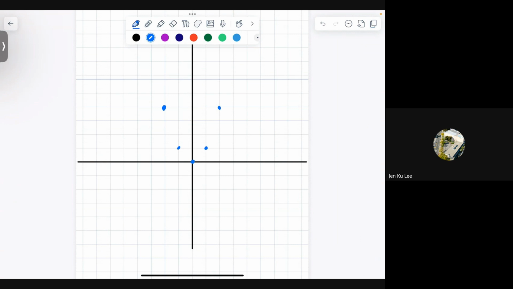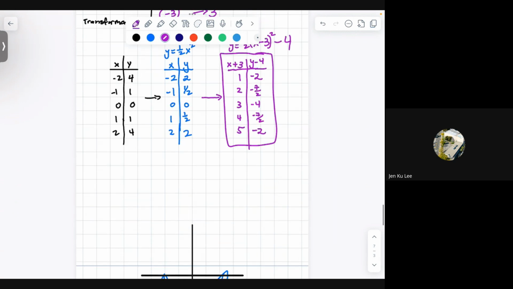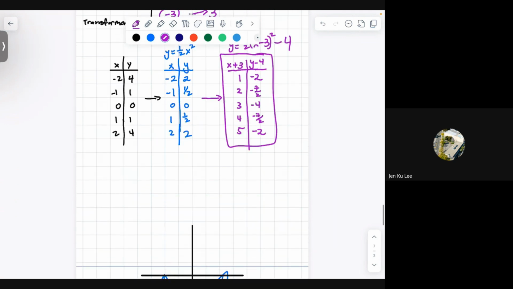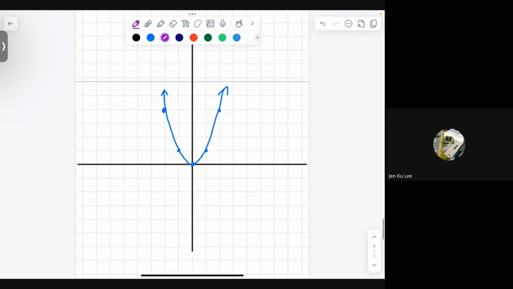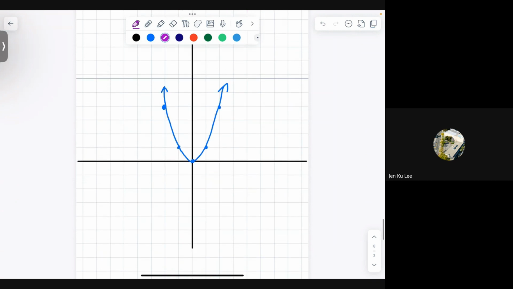So you don't have to draw the parabola. You can if you want to, but I won't require it on your parent function. It's just those points that I'm interested in. And if I go straight to the purple points, (-3 or +3, 4), (3, -4), right? There's my vertex.